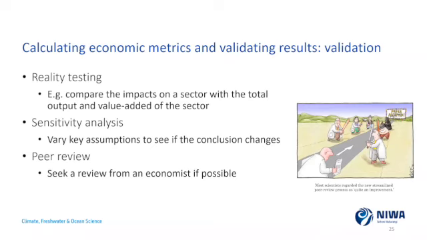Secondly, you definitely want to do some sensitivity analysis. Where major assumptions or shortcuts have been used, you might want to apply different values that are still reasonable, but maybe they're higher or lower than the values used originally, to identify whether the conclusion remains the same.